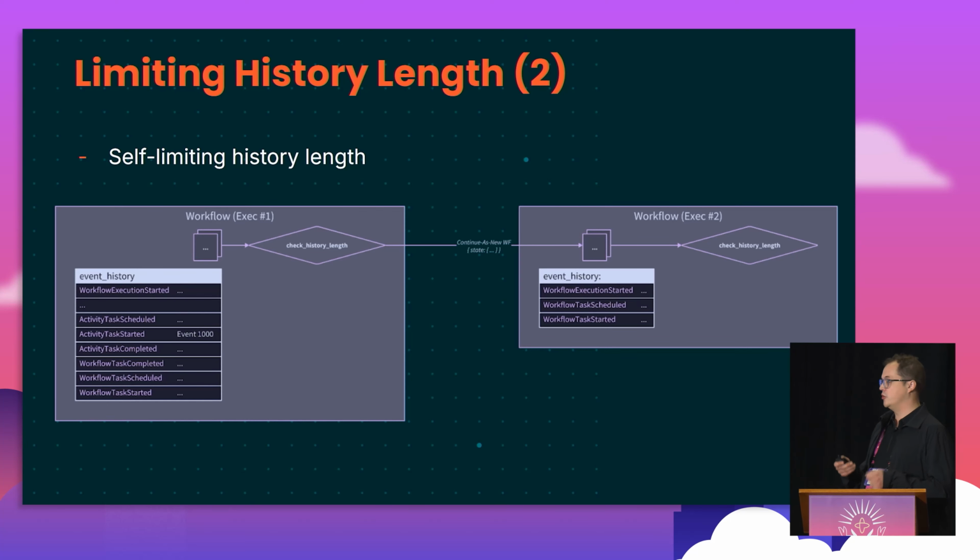Continue-as-new is when you export the current state. You capture the current state of your workflow into something that you can pass into a new workflow, and that new workflow will know where to start. By doing that, you can end all your existing event history, put that into storage, and start up a new workflow that is essentially starting from the same point but has a fresh event history. You're no longer paying for storing that old workflow.